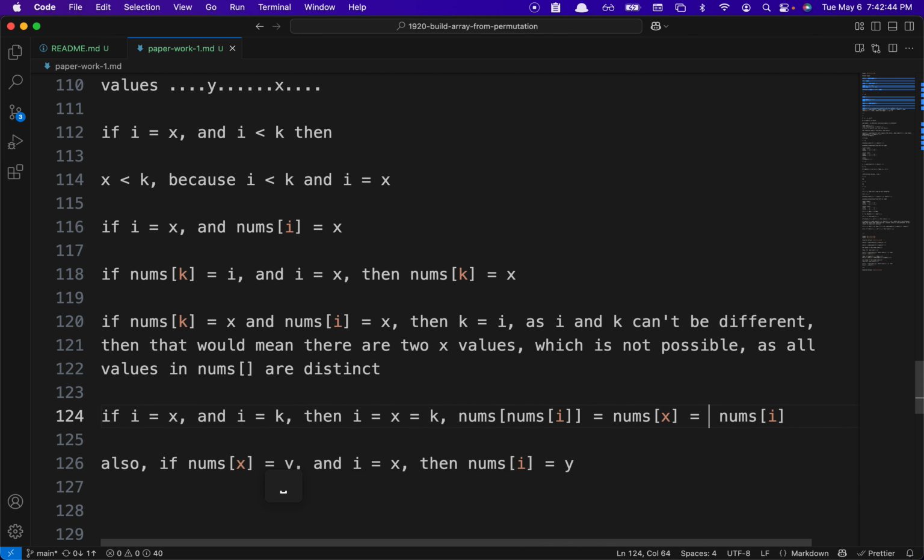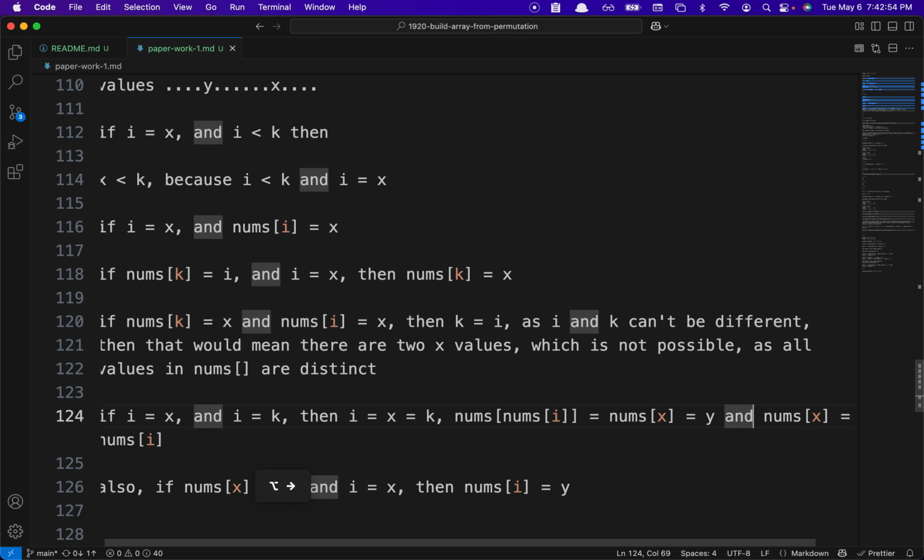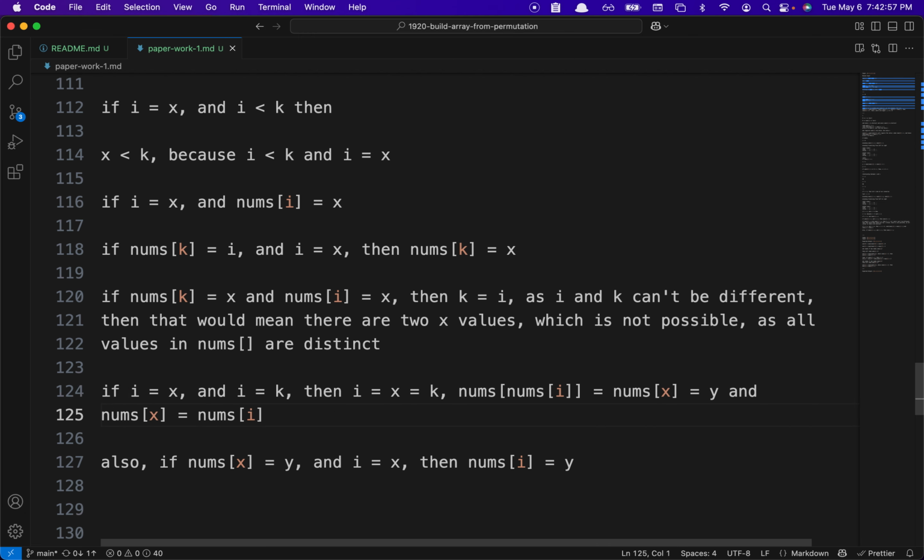Nums of x is equal to y, so you can just see that nums of i is equal to nums of x is equal to y, then nums of i equal to y.